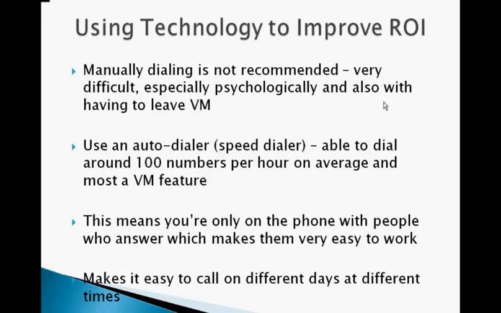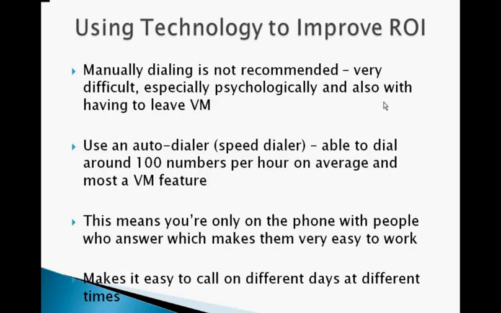What you're going to do is just import that list into your dialer. I've used dialers for about 4 years, and it's a very easy system, especially psychologically. Sit back in your office chair, start the dialer, and it starts cranking away at the numbers. Most dialers have a feature where it will leave a voicemail that you pre-record.